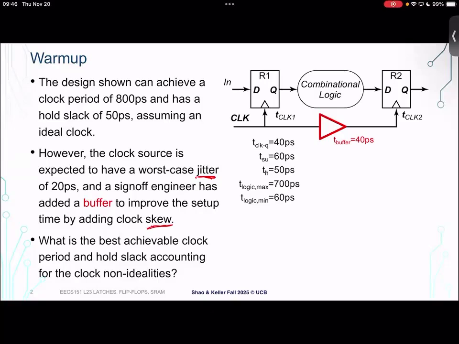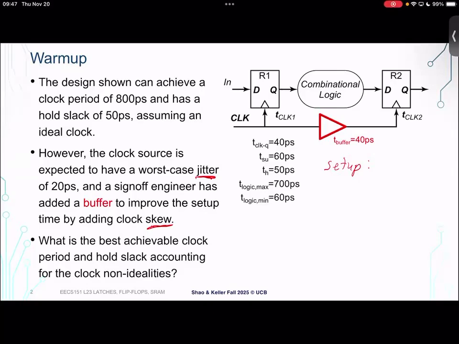Let's think through this and reason about it before writing any equations. For setup time, the sign-off engineer has added this buffer. They've added 40 picoseconds of delay of positive skew to the receiving flop.